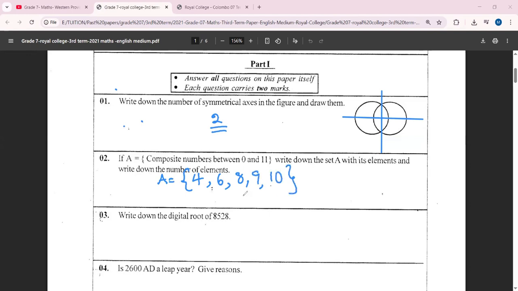These are the composite numbers, and the number of elements equals 1, 2, 3, 4, 5. If you give your answers like this, you will get the full marks, right?